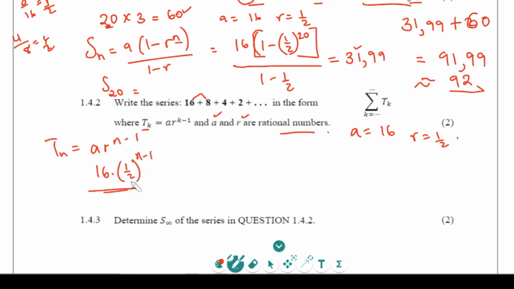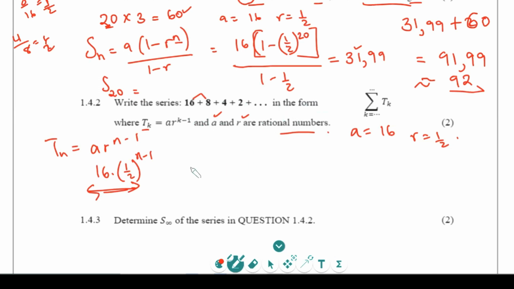This is the general term, which can be used to generate these numbers. But we can see that these numbers keep on reducing, in other words, they are converging.